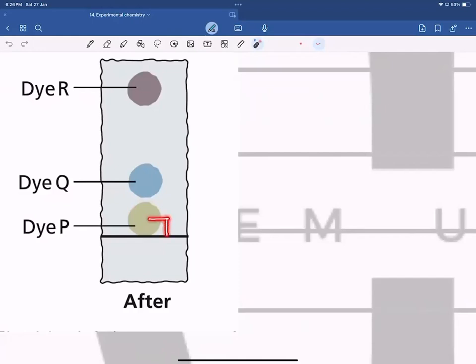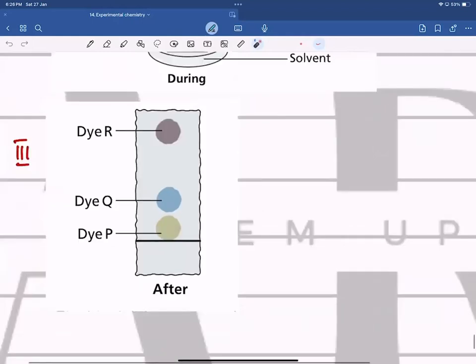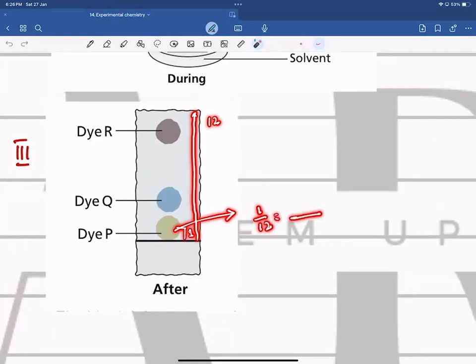That is the distance traveled by dye P. To find the retention factor, the RF value for dye P, I will note this distance. For example, it's 1 centimeter. Then I will measure this distance. For example, it's 12 centimeters. So the RF value for this dye will be 1/12. Whatever value you get in the fraction, you will note it down.